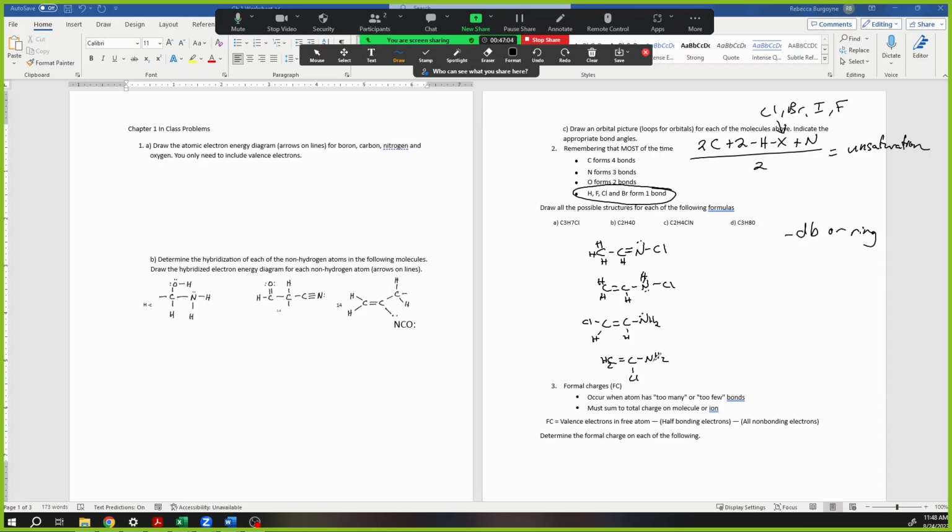Just put an H2 there. And then don't forget that we can move the chlorine around in the first one. So this chlorine, I can switch with a different hydrogen from the other one.